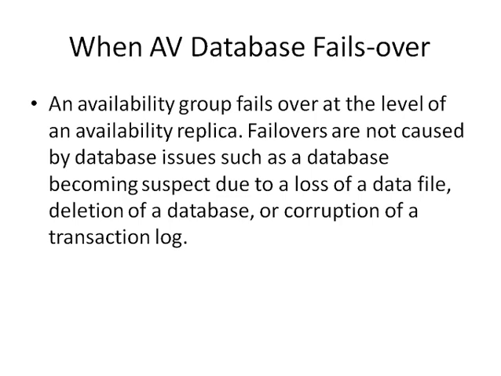Failovers are not caused by database issues such as a database becoming suspect due to loss of data files, deletion of data files, or a corruption of the transaction log. So what does that mean? That means that if something happens to your database internally, the database failover will not occur. Automatic failover will only occur when there are network issues.